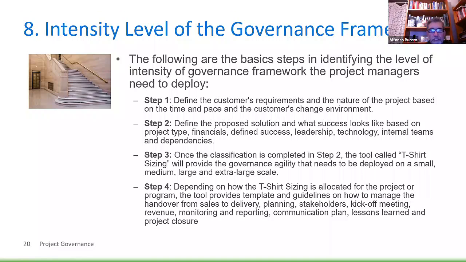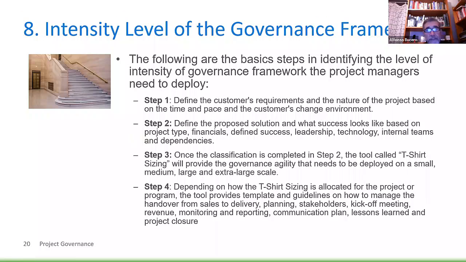And when you have defined that proposed solution, once the classification is complete in step two, the tool called test sizing, or project in a box, will provide the governance agility that needs to be deployed on a small, medium, large, and extra large scale.